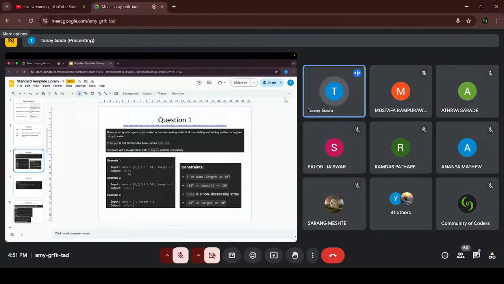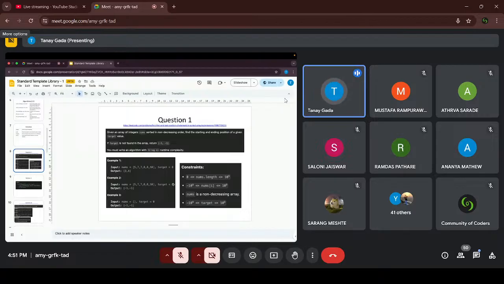If you are unclear with the question, I can explain with an example. If this is an array, it is sorted in non-decreasing order. Target is 8. We need to find the position of the first 8 and the last 8. First 8 is at index 3: 0, 1, 2, 3. Last it is at index 4.